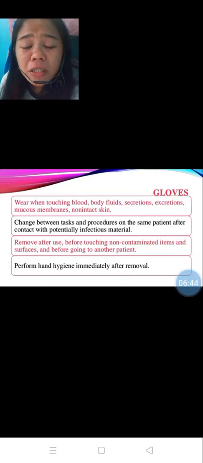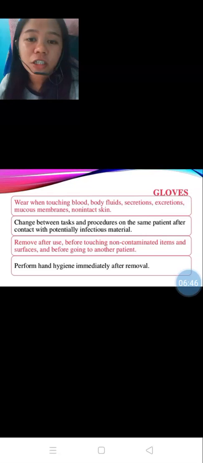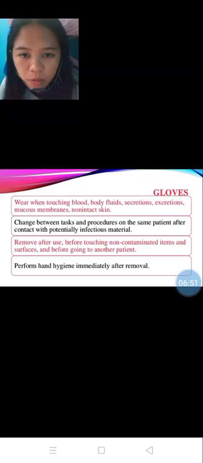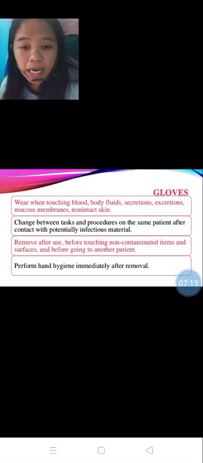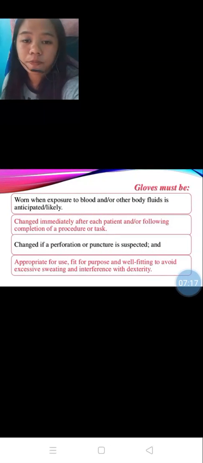You need to wear gloves when touching blood, body fluid, secretions, excretions, mucous membranes, and non-intact skin. You need to change between tasks and procedures on the same patient after contact with potentially infectious material, and remove them after use and before touching non-contaminated items and surfaces, and before going to another patient. You need to perform hand hygiene immediately after removal.